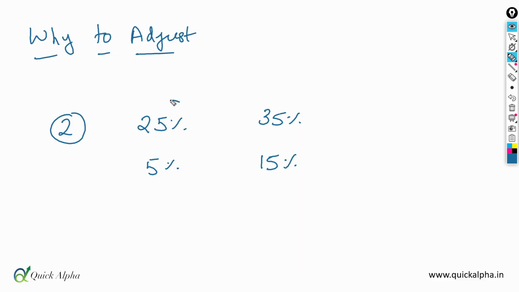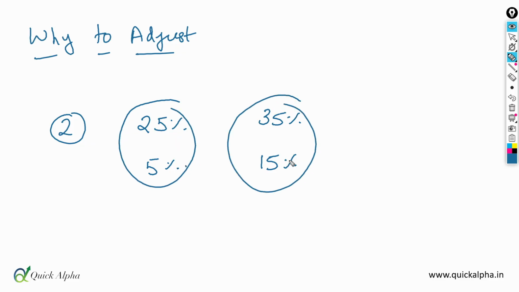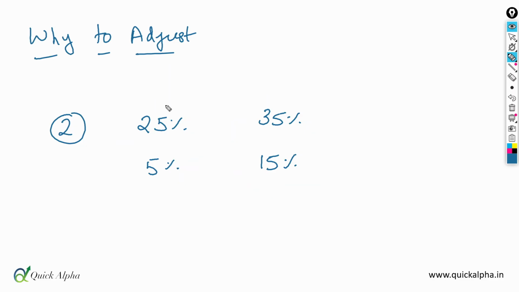Most of us would likely choose the option where we make 25% with a 5% drawdown because it is more consistent. When you adjust the trade, even though your returns are going to get lesser, your drawdowns are also going to reduce. That's one main reason why you can try to optimize your performance by adjustments.